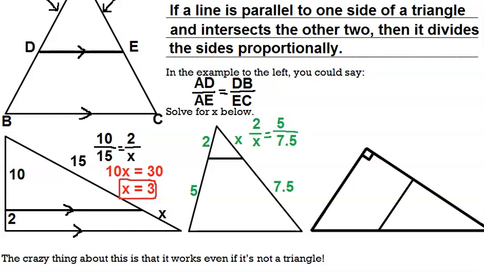Set it up, take your 4 numbers, make a proportion. 5 times X is 5X. 2 times 7.5 is 15. And so once again, I didn't mean to do it that way, but I guess it worked out. X equals 3.